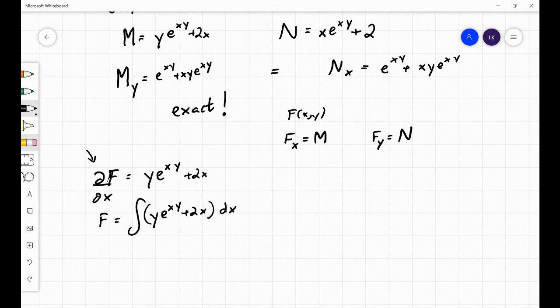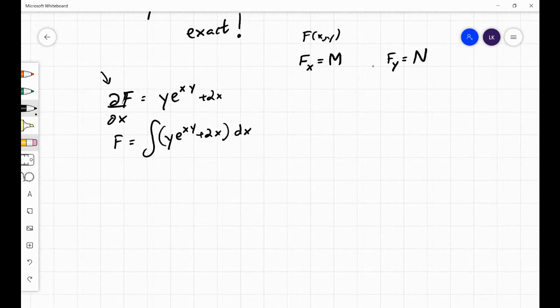So we find the antiderivative with respect to x, y is treated like a constant. And instead of a constant of integration, you have to include some unknown function of the other variable y. So here we were finding the antiderivative with respect to x, so our function of integration is the function of the other independent variable y.